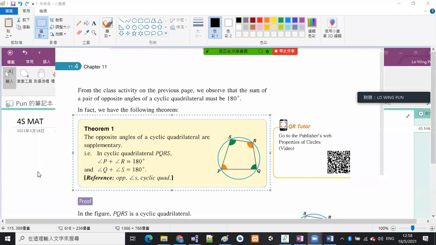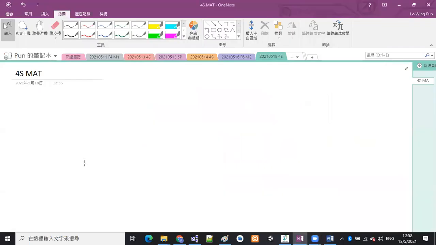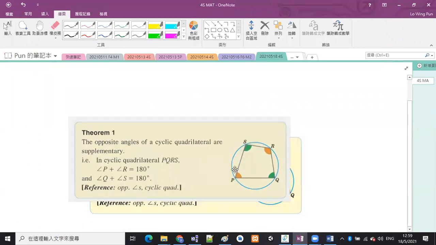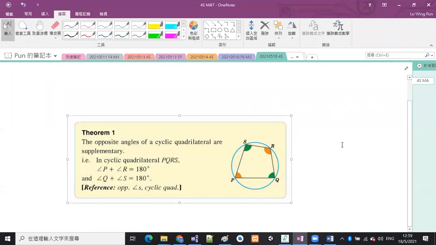But before starting the first theorem, I need to introduce you to another special term about the circles.